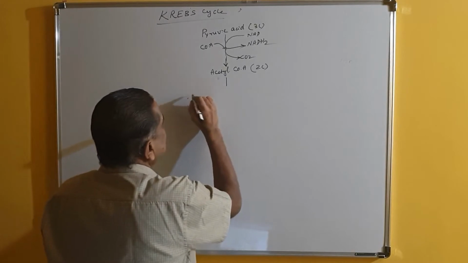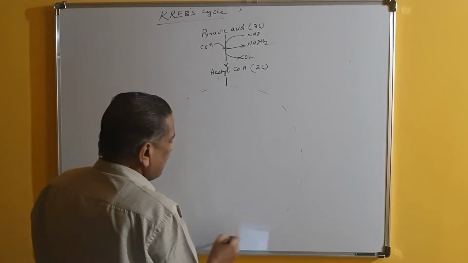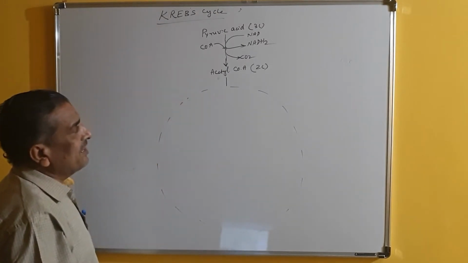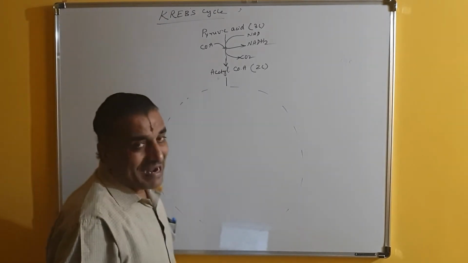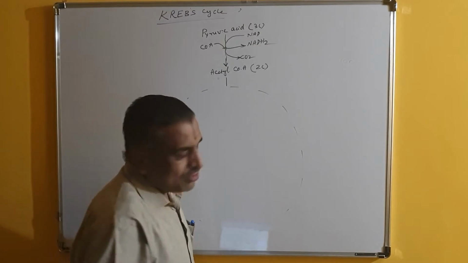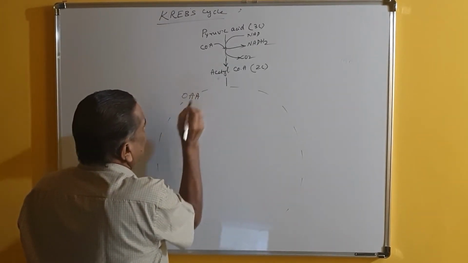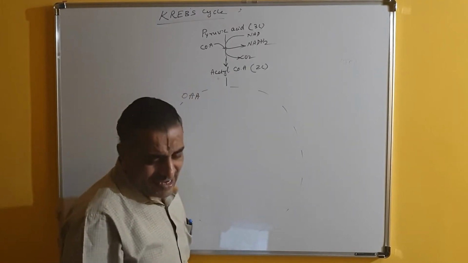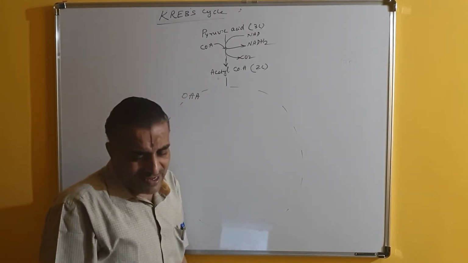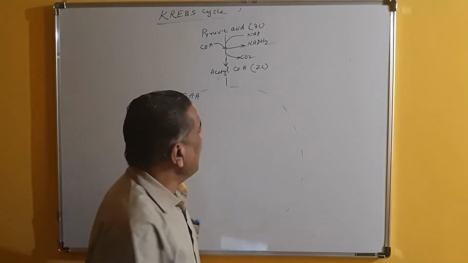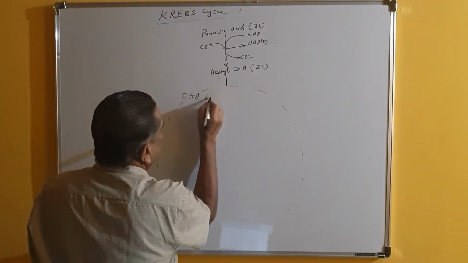Acetyl coenzyme A goes inside the mitochondria, and in the mitochondrial matrix there is one compound called OAA. I am writing short forms here. OAA is oxaloacetic acid, a 4-carbon compound.